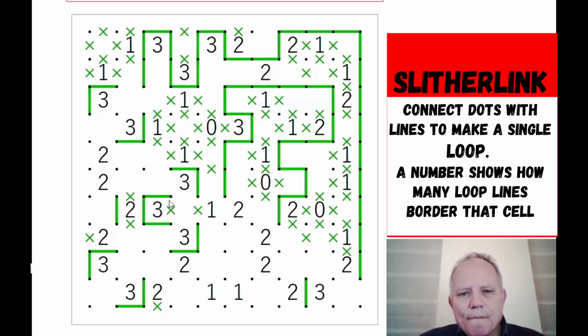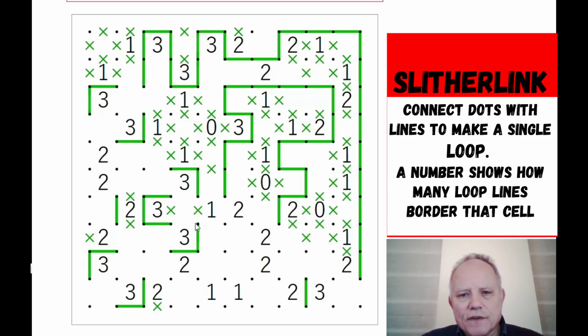I can't join up both of these lines down. I can't put both this line and this line in, because then both of these would have to come out past the 1. So I can only put a maximum of one of them in. And it could be neither.